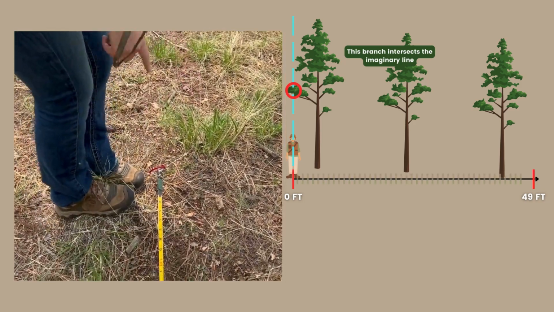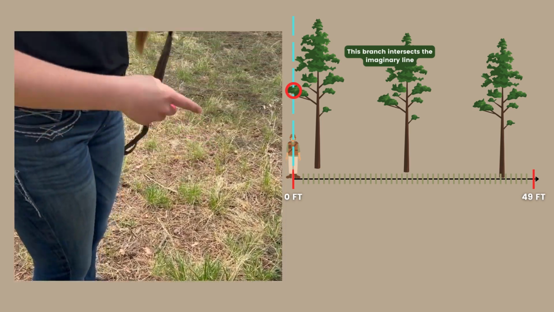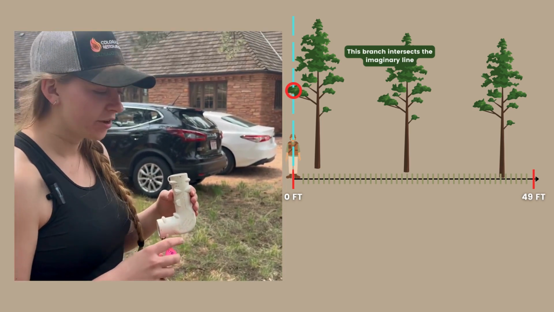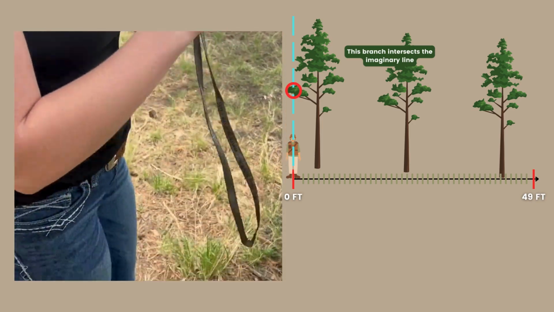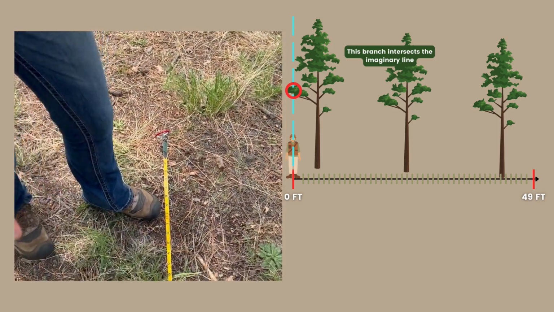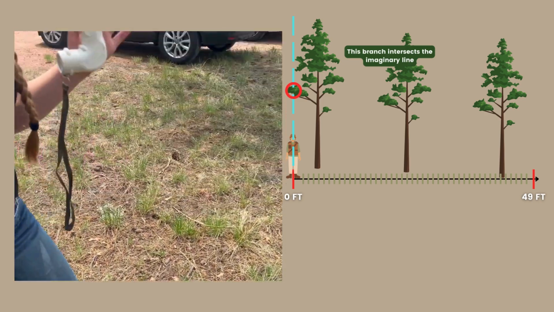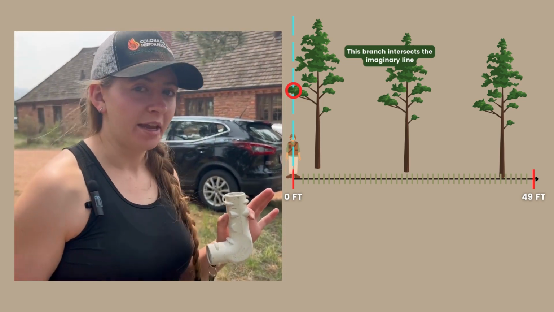You start at 0, and then you'll go to 1, and then all the way through 49, so that you have 50 total data points.